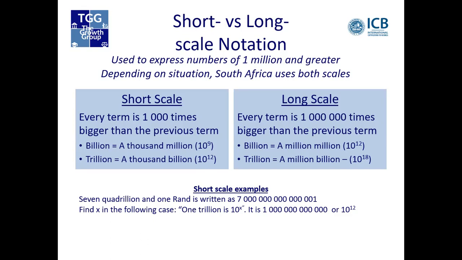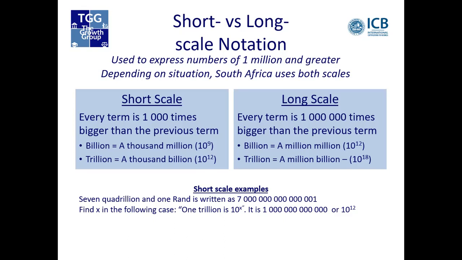And when we talk about 1 trillion, we are talking about 1,000 billion. Each term is 1,000 times bigger than the previous. But with the long scale, if we use the same words, we mean something completely different. Then 1 billion is 1 million million, and 1 trillion is 1 million billion. The problem in South Africa is that different languages might use different scales, but basically we are going to use the short scale, and you're going to see that on the next page.